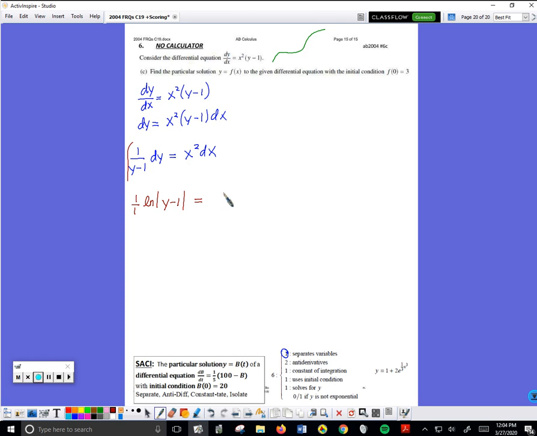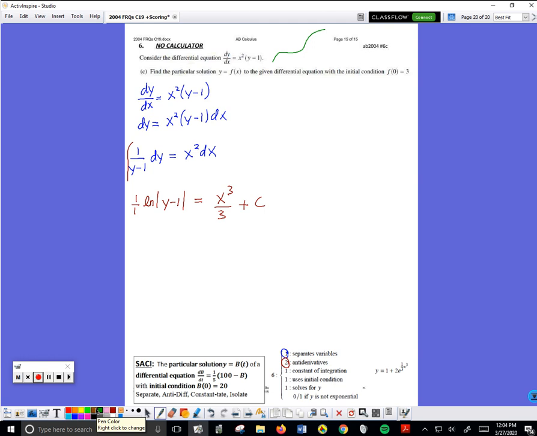This antiderivative is simply x cubed over 3. And then we have the extra constant. Remember, you only need a constant on one side. That gets you 2 points if you have this written on your paper. So that's 3 points so far.